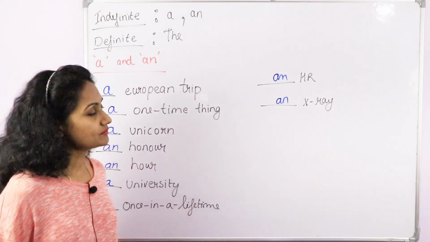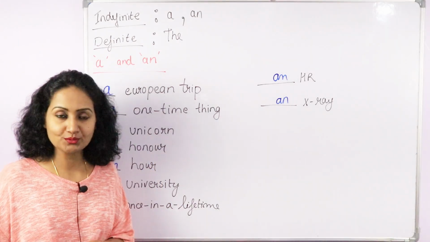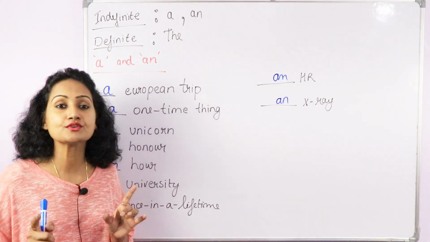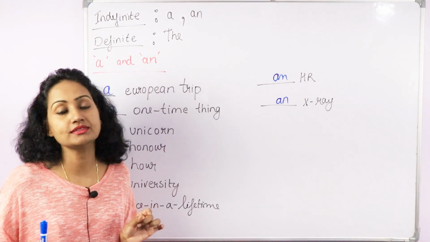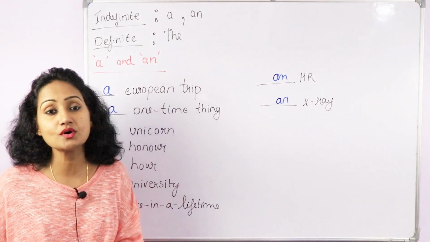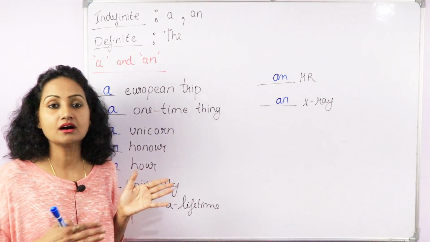Okay, so these are some confusing words where people generally tend to get confused. Now you know that you don't have to look at the first letter of the word, but you have to concentrate on the first sound of the word, and according to that you have to use the article a or an.